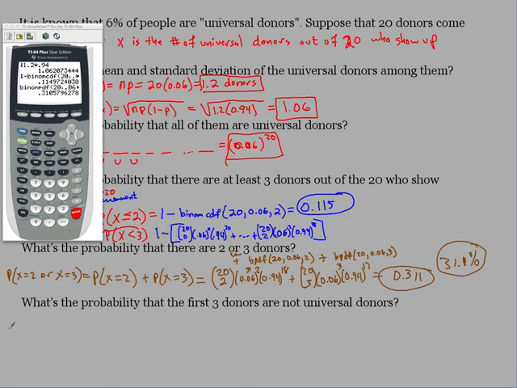So the first 3 people, so this is the probability of the first one not being universal, so that's UC, and the second one not being a UC, and the third one not being a UC. I just wanted to put this in here to give you an old problem to practice at. So this would mean that they're all not universal, so this would be 0.94 to the third.